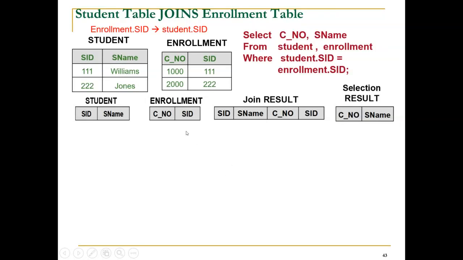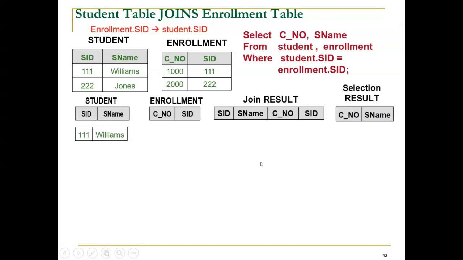If we have this query, trying to retrieve the CNO and S name, the student name, then the final result will only contain these two columns. So we first join the student table with enrollment, and then finally we project the values for certain columns. That's it.